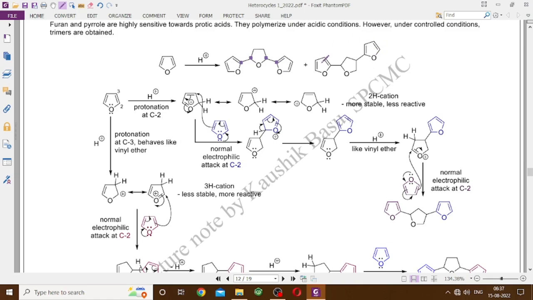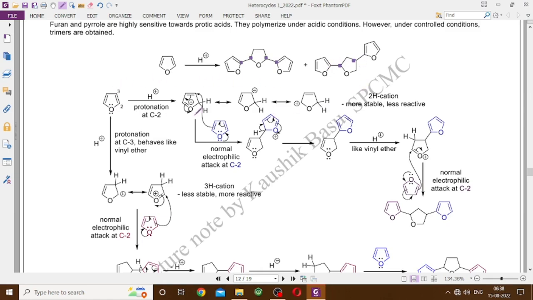In the other trimer, the central furan molecule has used one of the alpha positions and one of the beta positions to attach the two terminal furans, both of which have used their alpha positions to form the C-C bond.